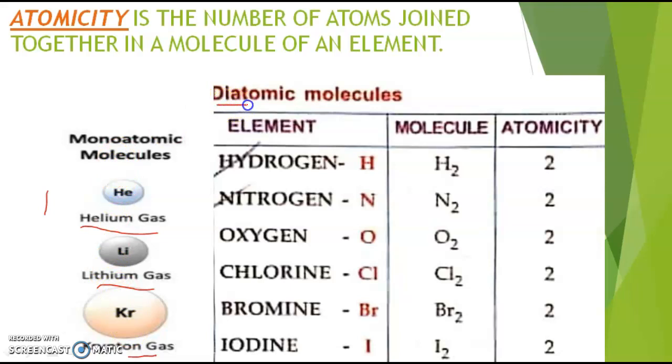Now for diatomic, di means 2. All the molecules like hydrogen H2, nitrogen N2, oxygen O2 have atomicity 2 because two atoms combine and form one molecule of these elements. That is why they are called diatomic molecules.